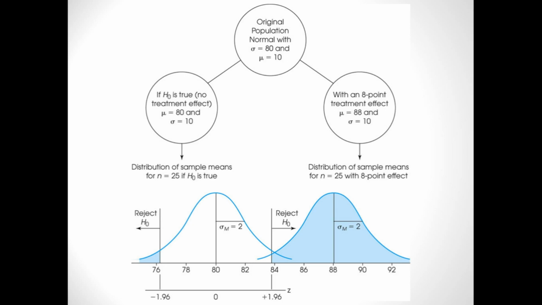With an 8-point treatment effect, we have a mean of 88 and the standard deviation remains 10. This is the distribution of sample means for n equal 25 if H0 is true. We also have the distribution of sample means for the same n of 25 with the 8-point effect.